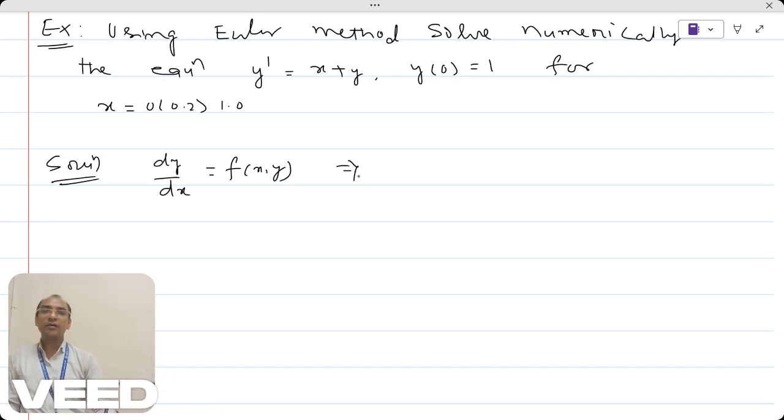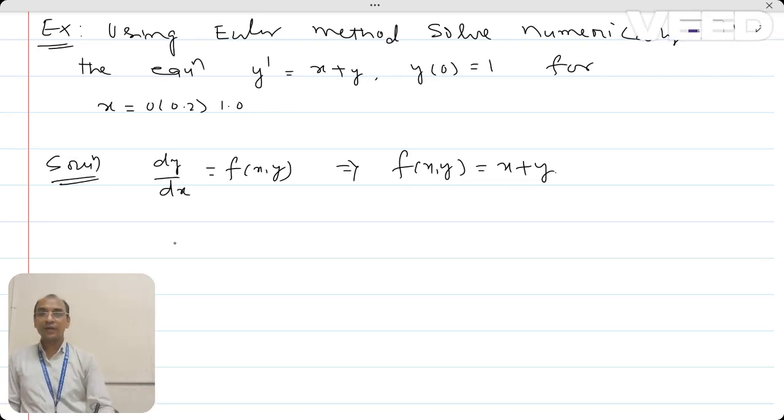So then my f of x, y is nothing but x plus y. And now y of x0 is equal to y0. That means here x0 is 0 and y0 is nothing but 1.